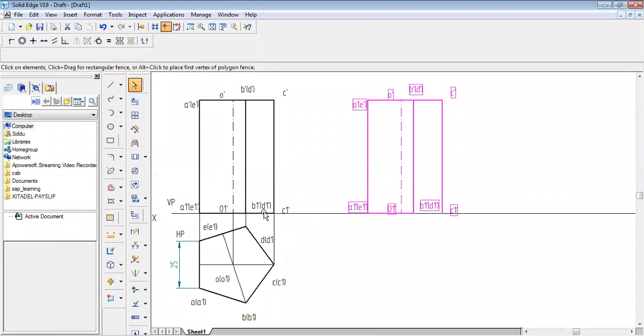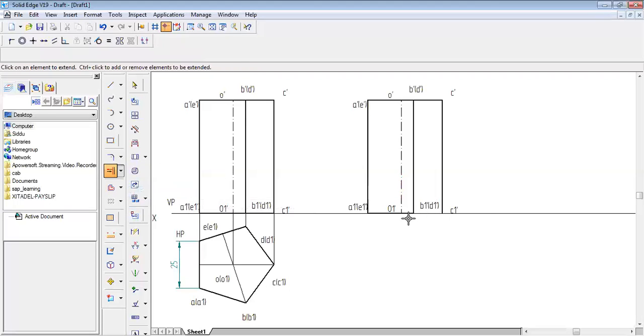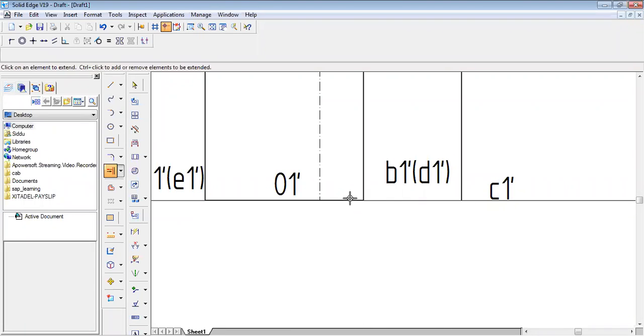I think this line has not extended, but no need to worry. Okay, so now this completes.